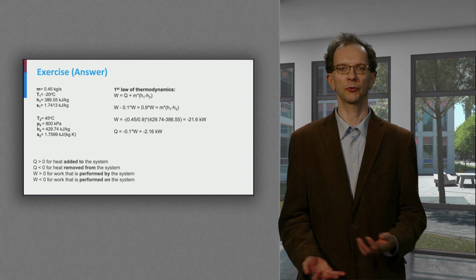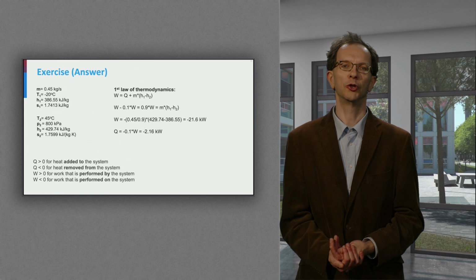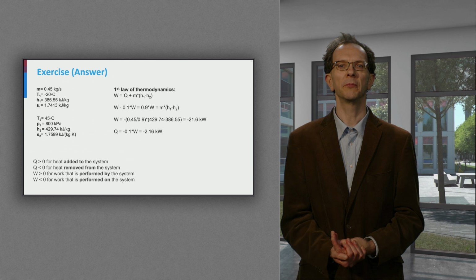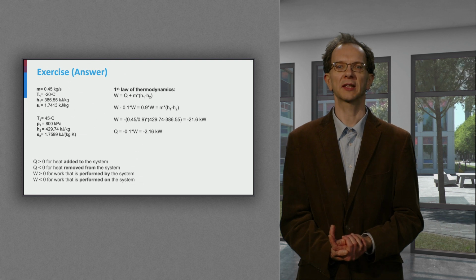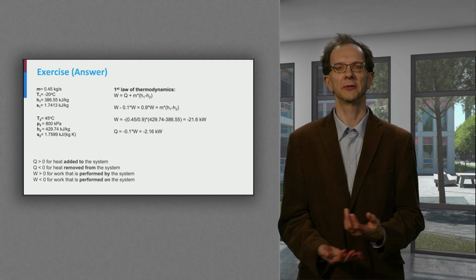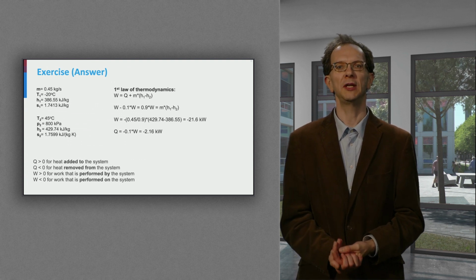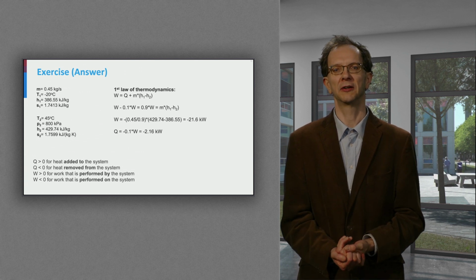The first law of thermodynamics for an open system in a stationary state equals W is Q plus m times H1 minus H2, in which W is the work of the compressor, positive when the system delivers work and negative when we perform work on the system, and the latter is the case here. Q is the amount of heat added to the system, positive when heat is added and negative when heat is removed, which is the case here.